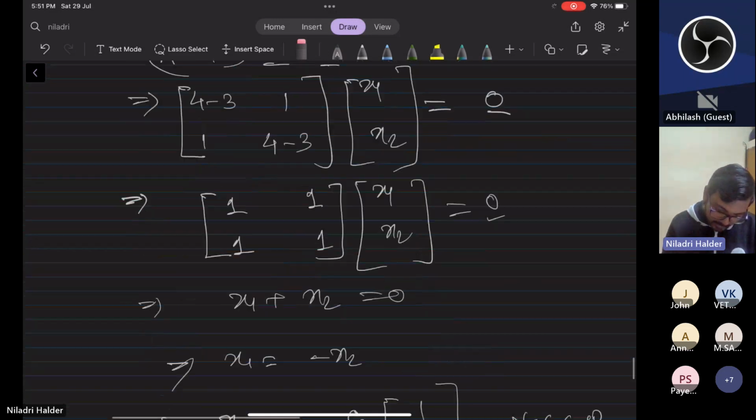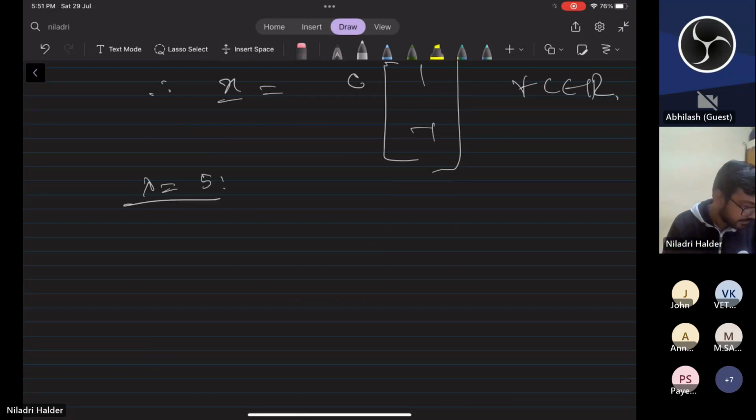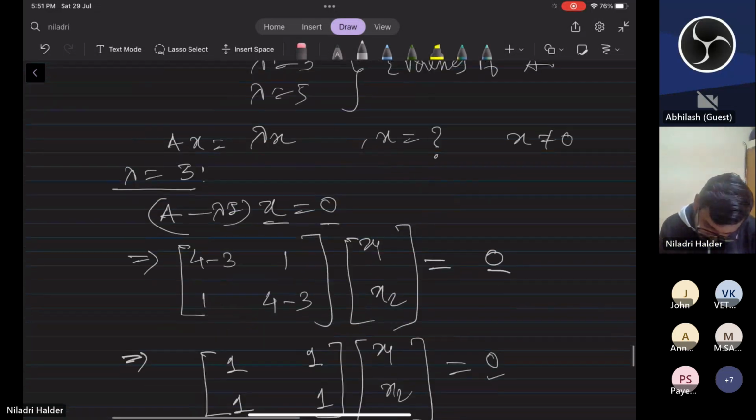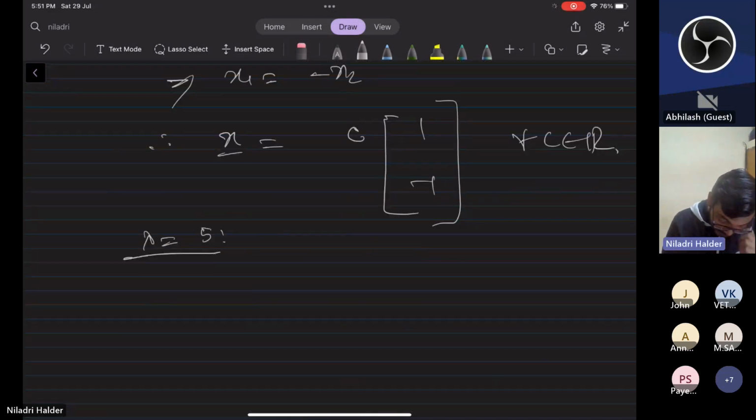Now for lambda equals 5, what should be the eigenvector?